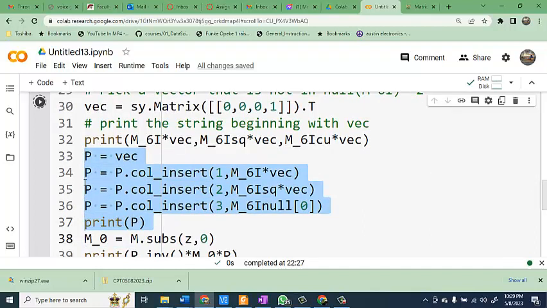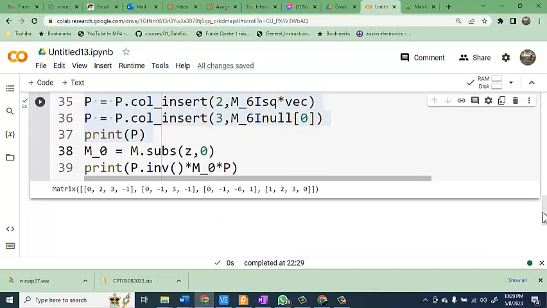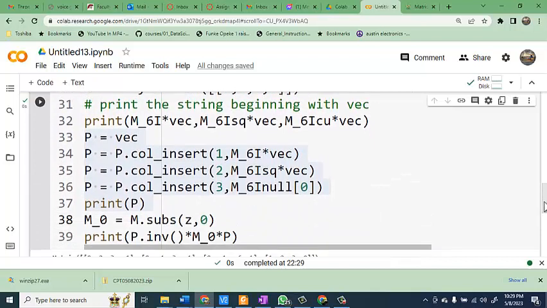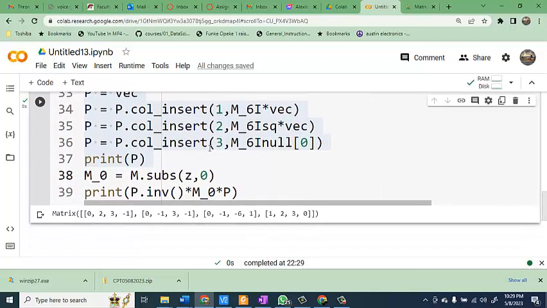Control Shift Enter should just give me P. Yeah, there's P. So it doesn't look like much of anything. But now what I need to do is transform the matrix M using this as my change of basis matrix, because with respect to the basis P, my matrix should look like it's in Jordan form.